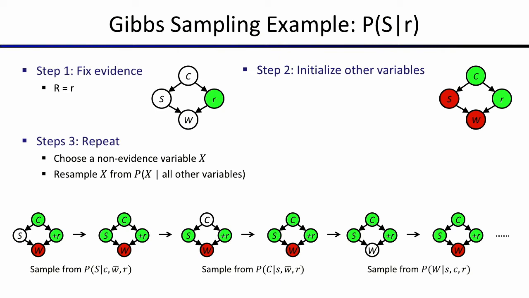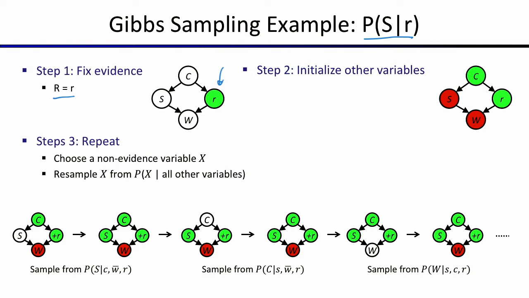We need to start with the evidence, and we fix the evidence. Let's suppose that we want to compute this query here, the probability of S given little r. So we set the evidence to be r equal to little r. We're going to express the true values with a green color and the false values with a red color.